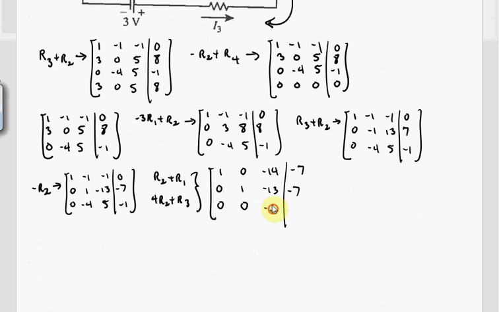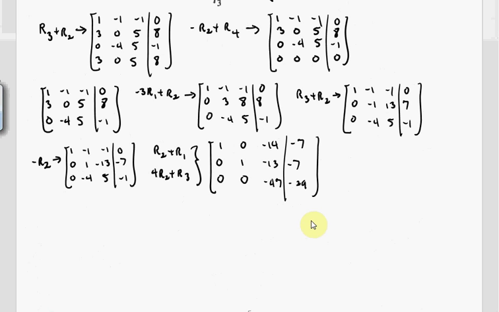It's negative 47. We get negative 29. So now we multiply row 3 by negative 1 over 47.